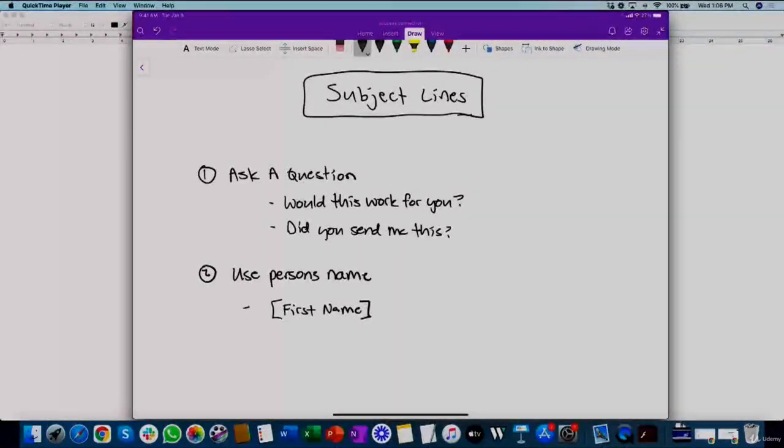All autoresponders are different, but they give you a little token. This is called a token. All autoresponder software has it. What this does is it lets you insert the person's name into the subject line. So it might say first name, would this work for you?